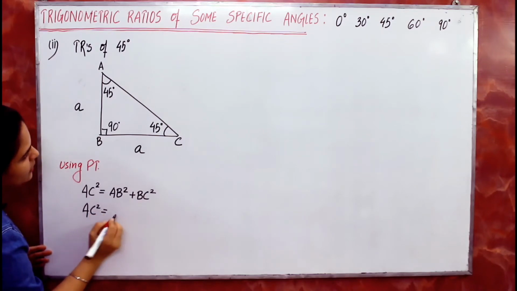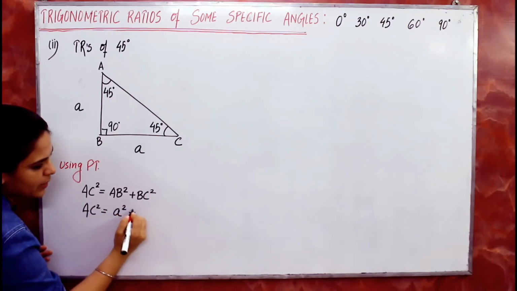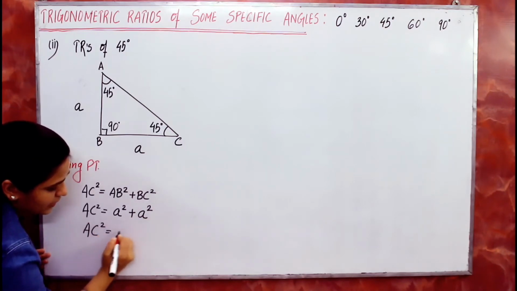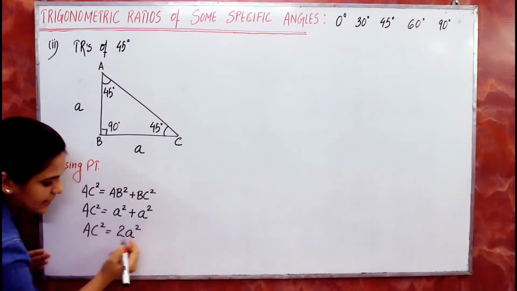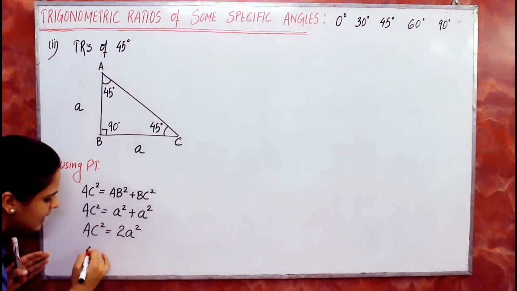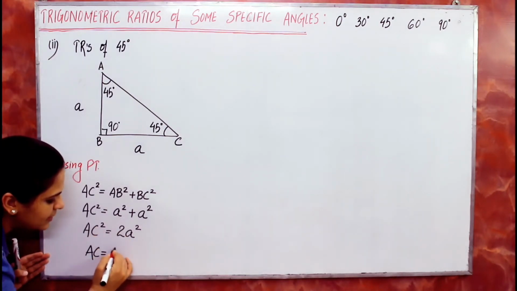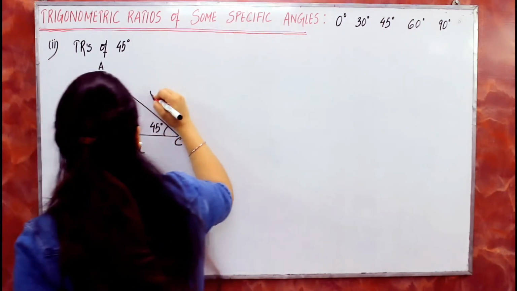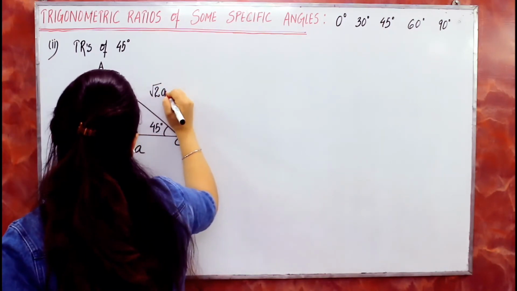The value of AB is a and BC is also a, so AC square is equal to 2a square. By taking the square root on both sides, you will get the value of AC, that comes out to be root 2 a. That means our hypotenuse is root 2 a.